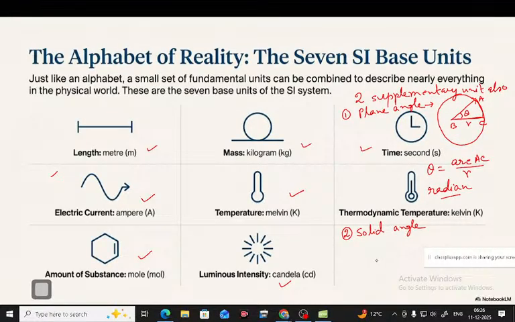In solid angle, if it is a sphere, you take a part of this area, and this is R, then the solid angle can be measured in steradian, that is d sigma equals dA, this area, by R square. And the measurement of this solid angle is in steradian.